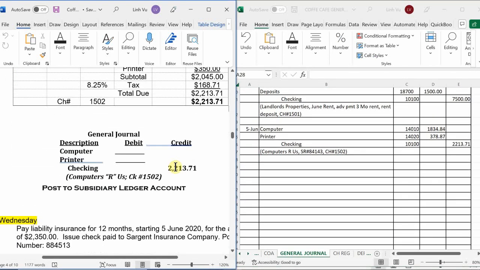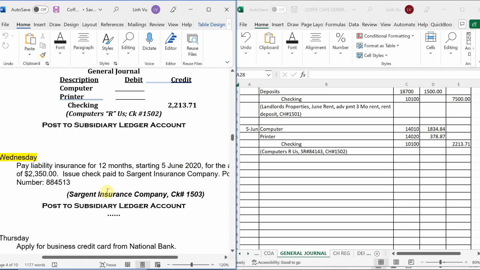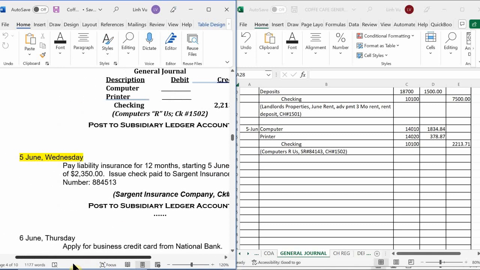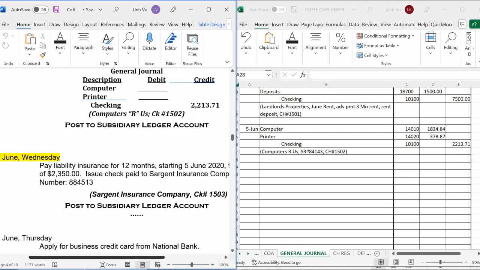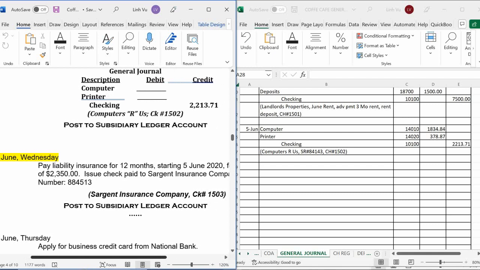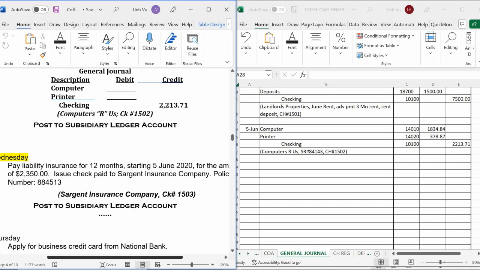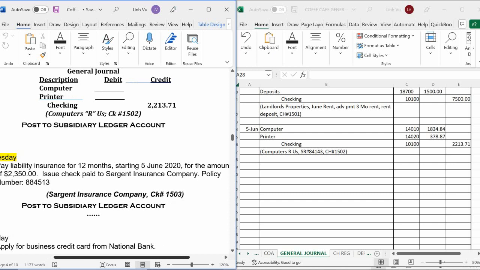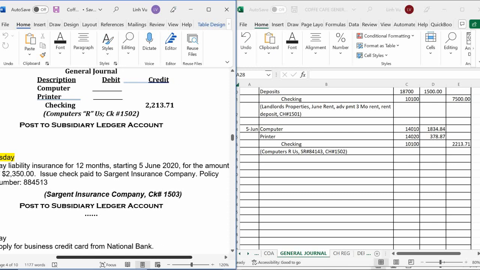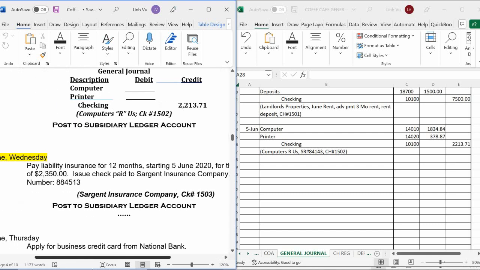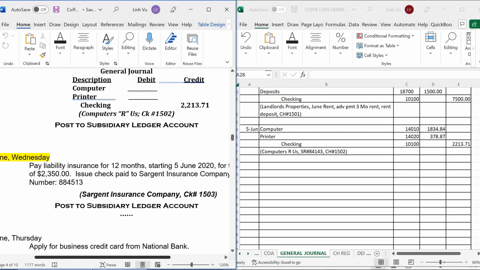So let's see what is next. Okay. All right. So we are still on Wednesday, June 5th. And here it says we're going to be making a payment for liability insurance for a 12-month insurance starting on June 5th of 2020 for the total amount of $2,350.